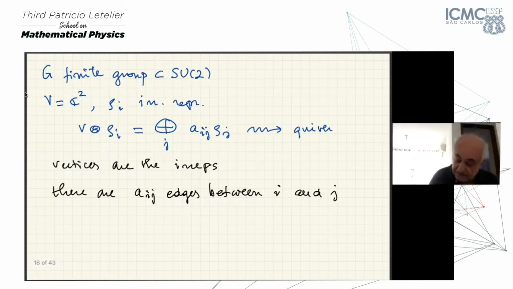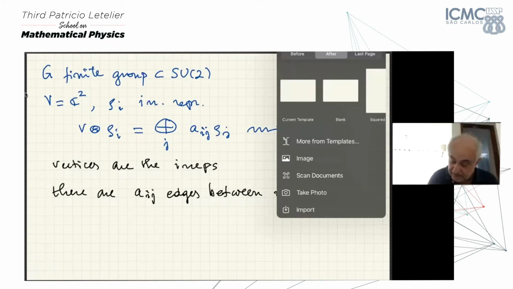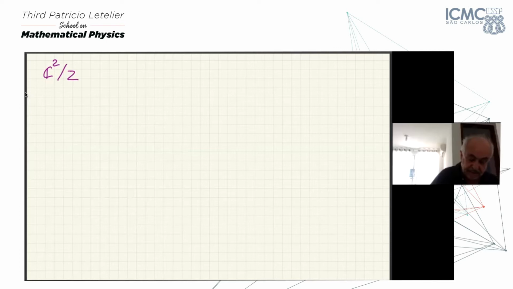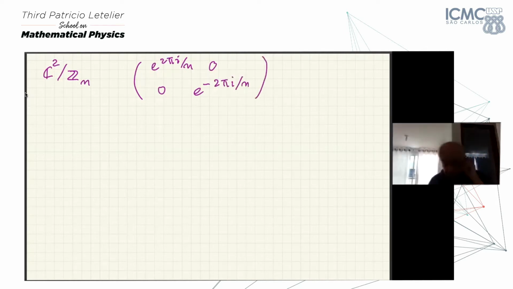So I can make a very ugly drawing. The idea, for instance, if you consider something like this, and I wrote this already in another slide, but the idea is that the action of Z_n is given by this generator. And you consider the resolution of singularities, exactly what for n equal to 2 I was doing explicitly using toric geometry.